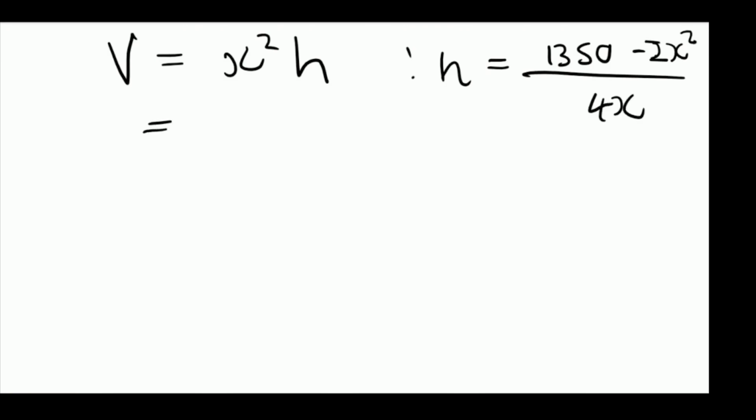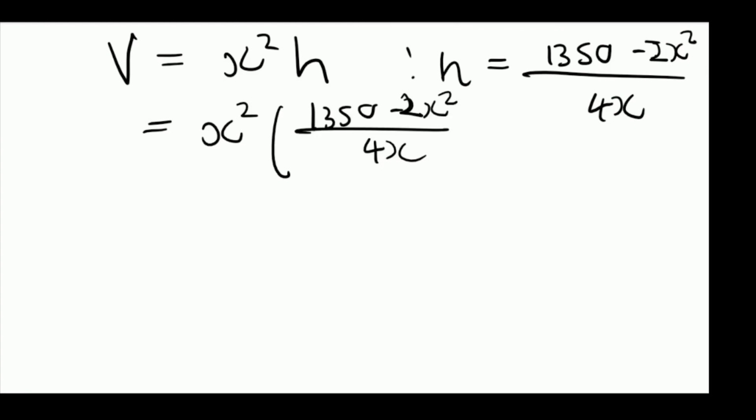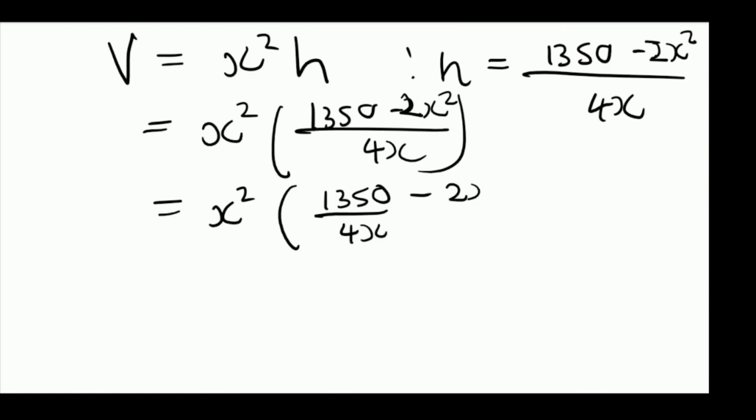So if we substitute, we have x squared times (1350 minus 2x squared) all over 4x, right? So if you simplify it, x squared times 1350 over 4x minus 2x squared over 4x, right?